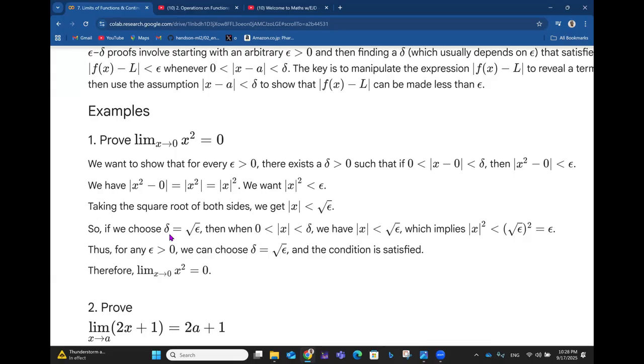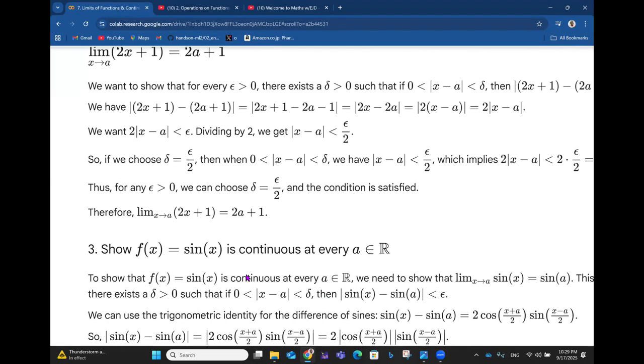So if we choose delta to be the square root of epsilon, then when 0 is less than the absolute value of x less than delta, we have that the absolute value of x is less than the square root of epsilon, which implies that x squared is less than the square of the square root of epsilon, which is simply epsilon. Thus, for any epsilon greater than 0, we can choose delta equal to the square root of epsilon, and the condition is satisfied. Therefore, we can conclude that the limit as x approaches 0 of x squared is equal to 0.